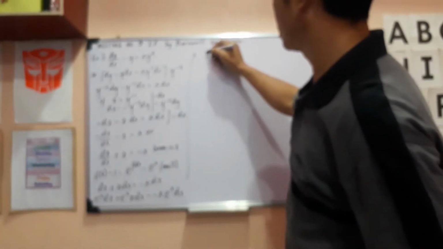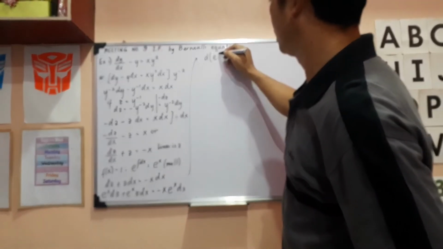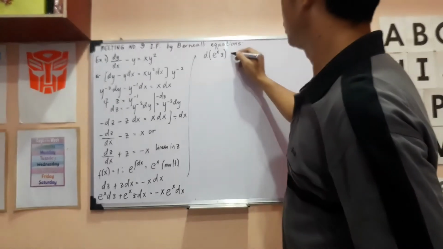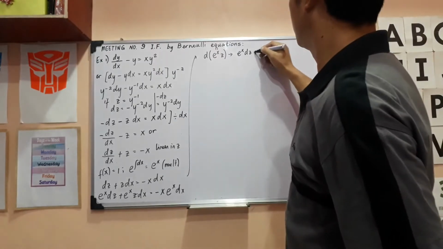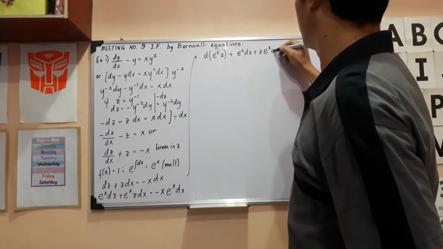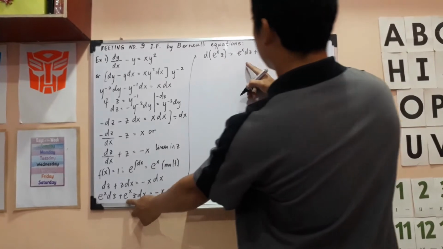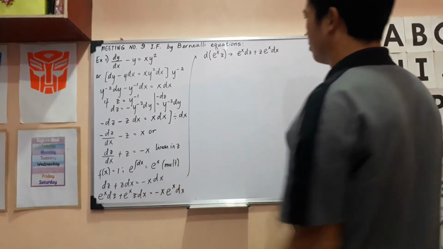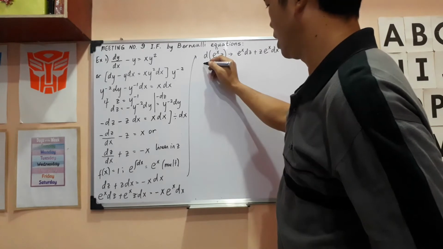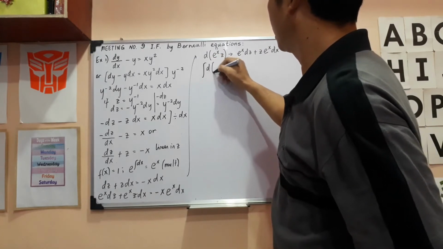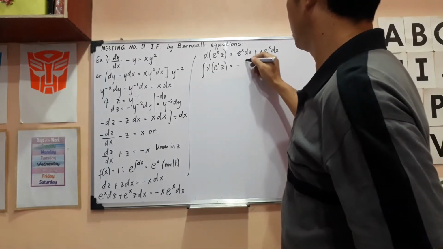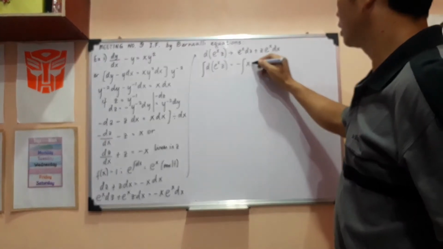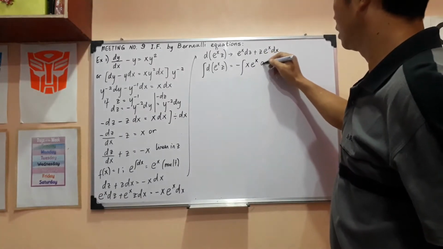Now the left side is equal to the derivative of e raised to x z. Let's check. E raised to x dz plus e raised to x z dx. Right? So the left side we integrate: e raised to x z is equal to negative integral of x e raised to x dx.